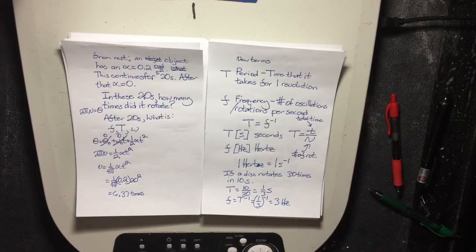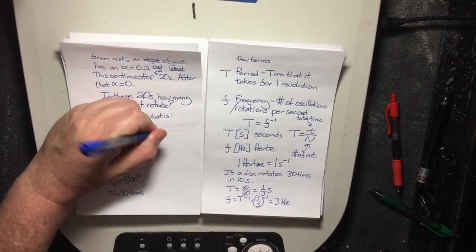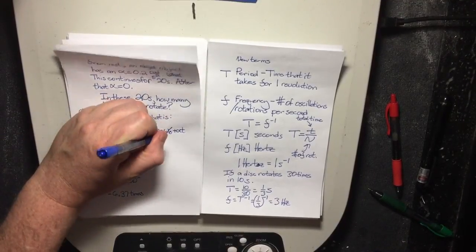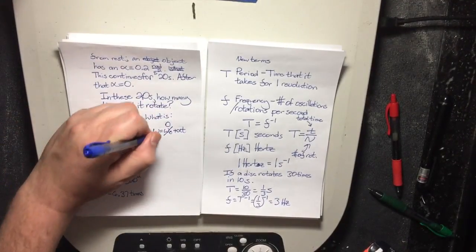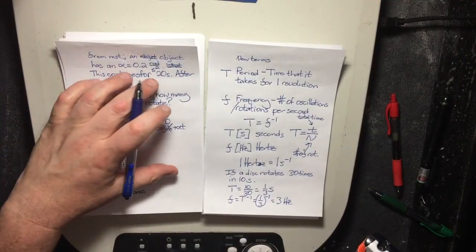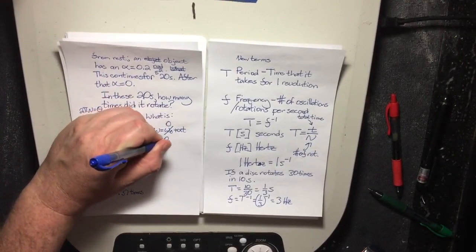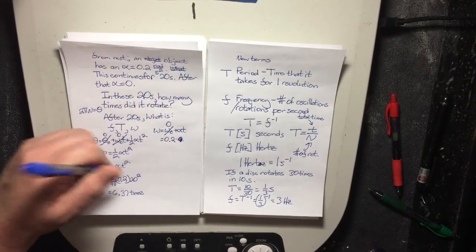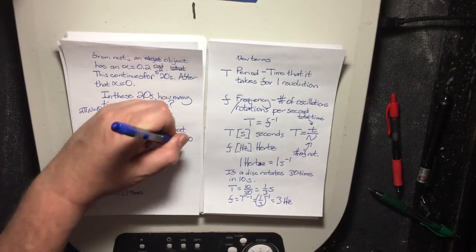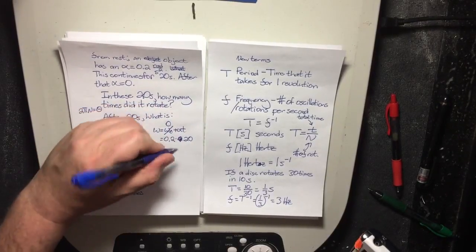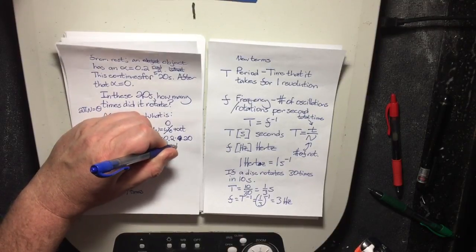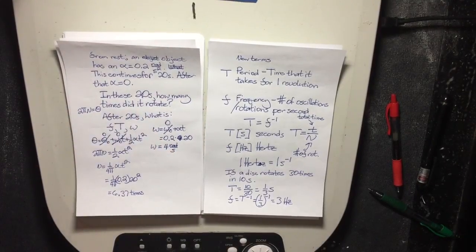Now that we know how many rotations it did, we look at the other equation of motion. Omega equals omega naught plus alpha t. Again, from rest, omega naught is 0. Omega is the final angular velocity. Alpha is 0.2, time, not 6.37, time is 20. And so omega is 4 radians per second.